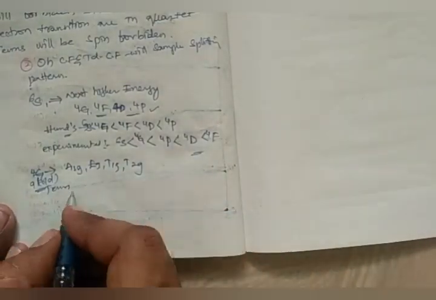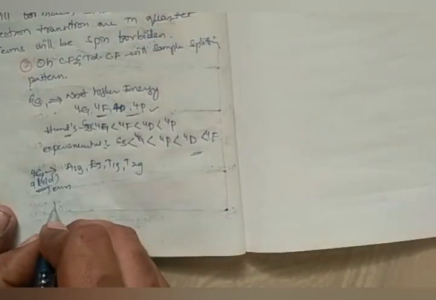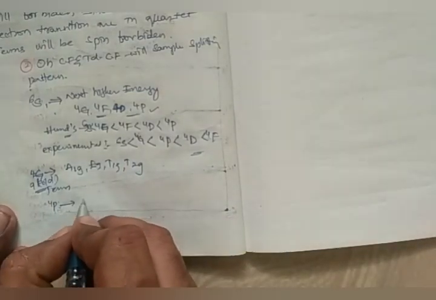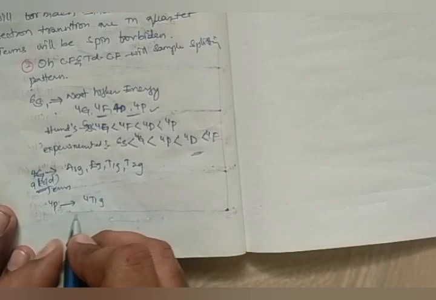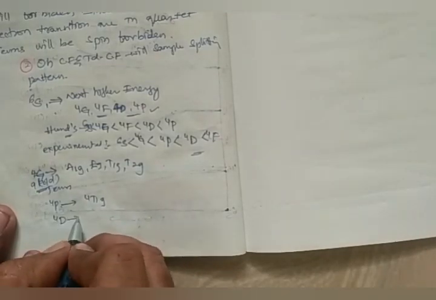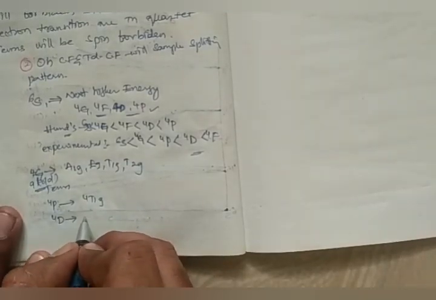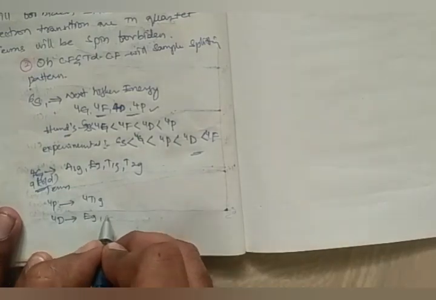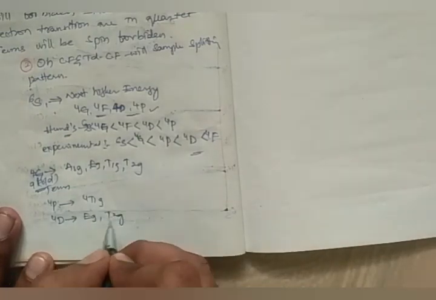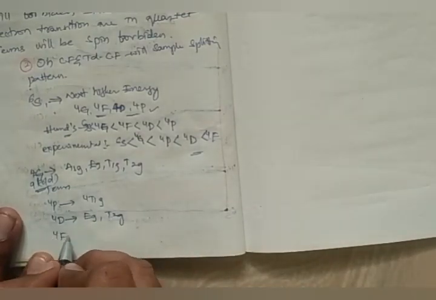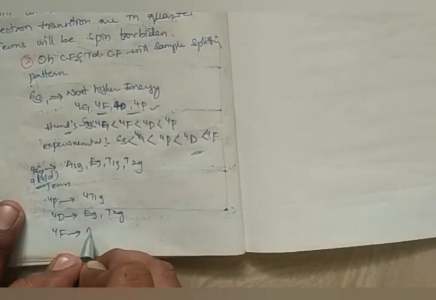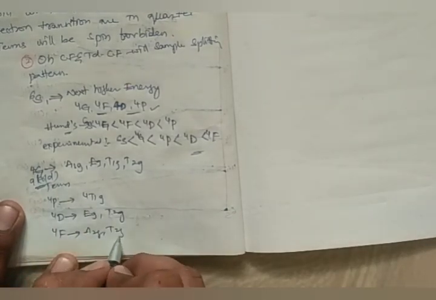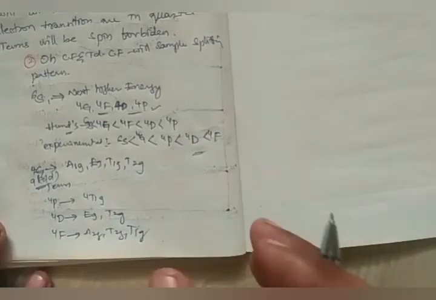Similarly, P upon crystal field effect will become T1G, and 4D will generate EG and T2G. And we know that 4F upon crystal field effect has A2G, T2G and T1G.